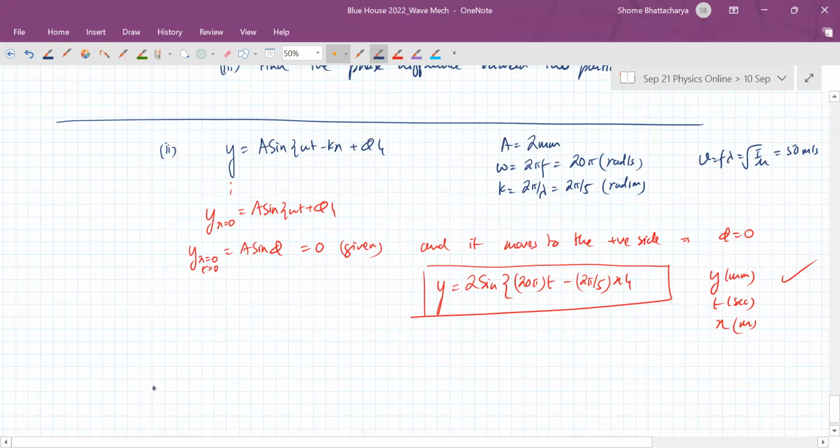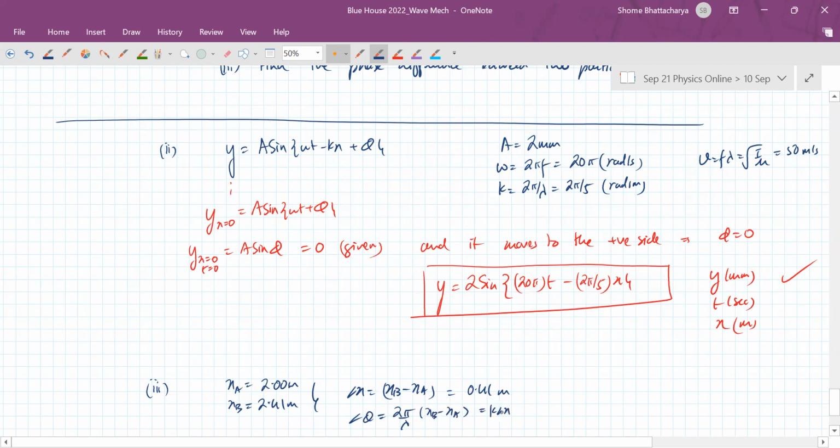When you solve the third part, so you can see the phase difference. Understand this directly like this also.